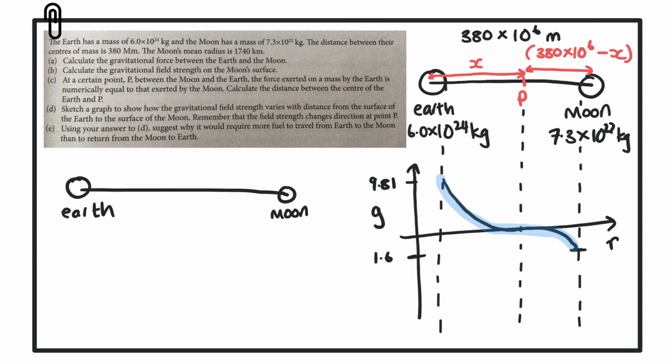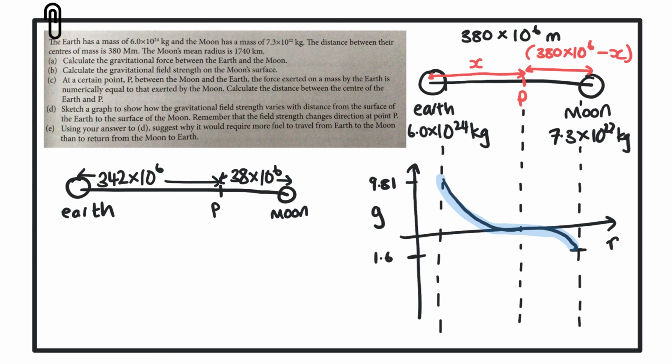So we can rewrite that as 342 by 10 to the 6 metres, and that's up to the neutral point P. Now that means that the Moon is only 38 by 10 to the 6 metres from that point P. So therefore it's much, much closer to the Moon than it is to the Earth.